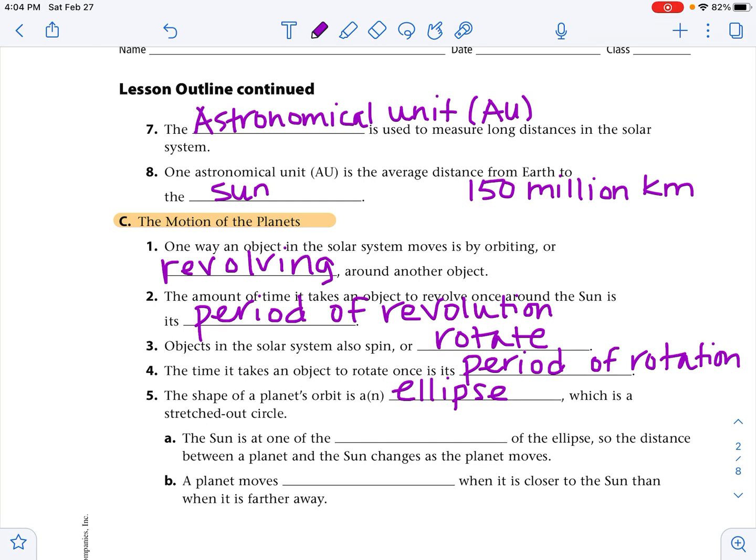The sun is at one of the foci of the ellipse, so the distance between a planet and the sun changes as the planet moves. A planet moves faster when it is closer to the sun than when it is farther away.